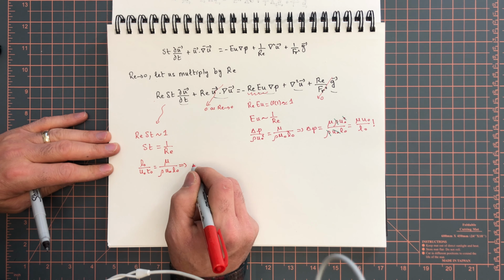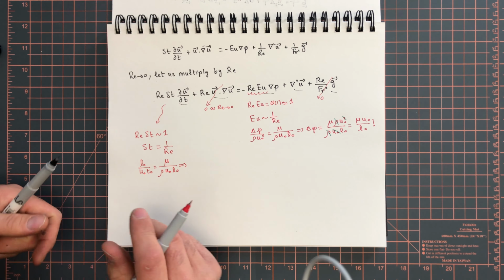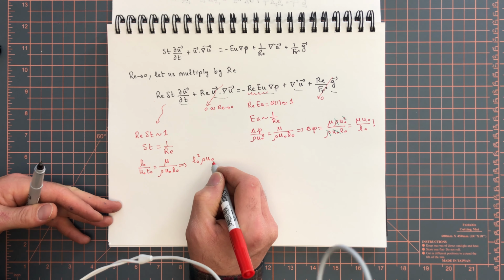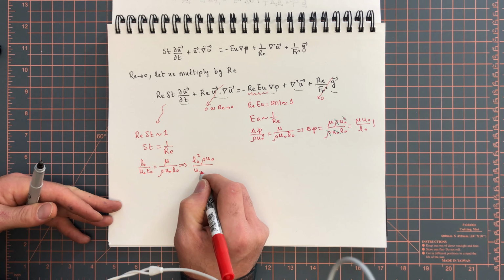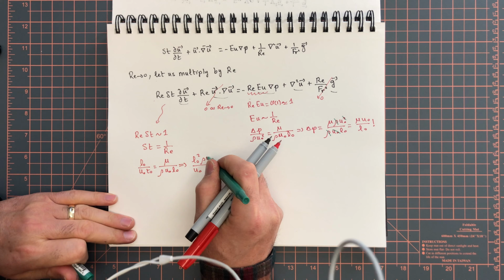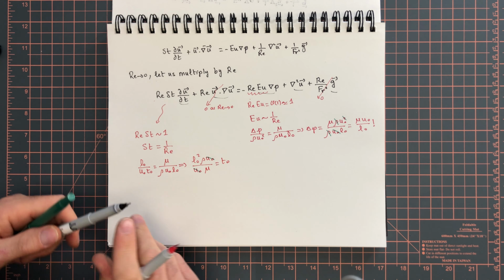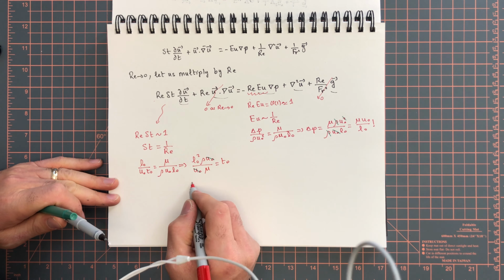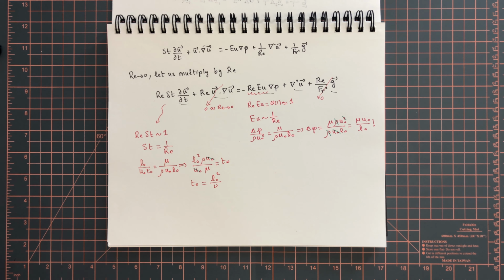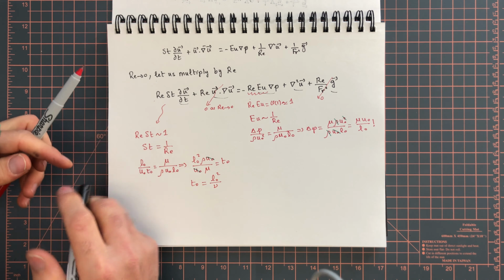This implies that, so we want T0 from this, we get L0 squared times rho U0 over U0 mu equal to T0, and you get rid of the common terms, and what you get here is a viscous timescale, T0 equal L0 squared over nu, which is a viscous diffusion timescale. And this is really cool because you may not have guessed that from the beginning when you chose the timescale, and that gives you an unsteady Stokes equation.